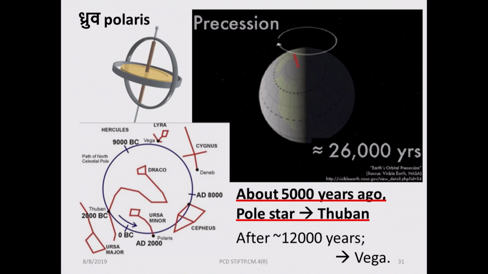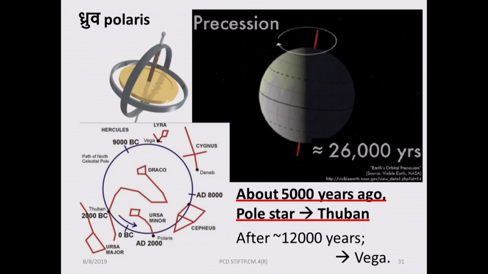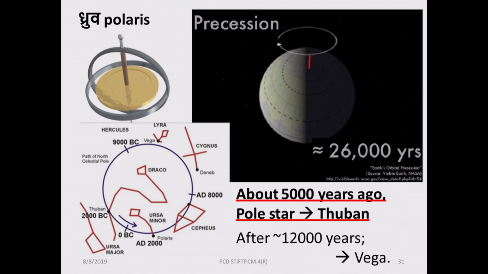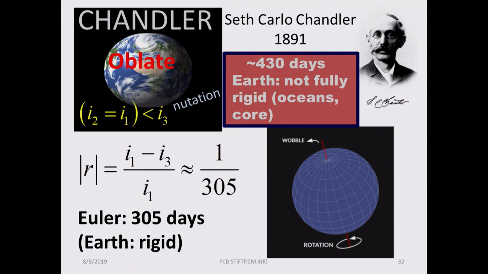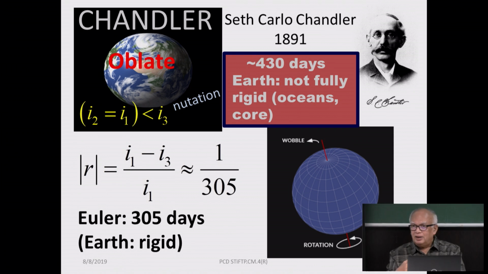So this is the gyroscopic precession, but in addition to this, there is also some wobbling because the Earth has an oblate shape, and in addition to the angular velocity, it has a little bit of nutation because the moment of inertia about the axis is not the same as that in the plane orthogonal to it, through the equatorial plane, because the Earth has a slightly oblate shape.